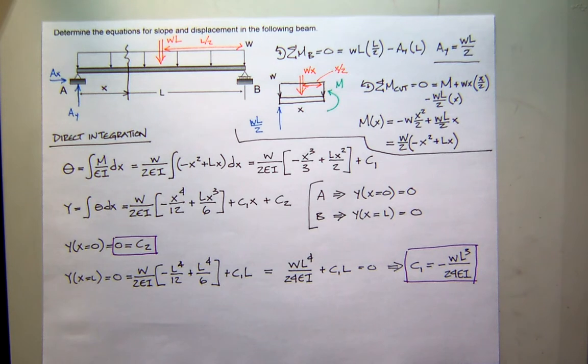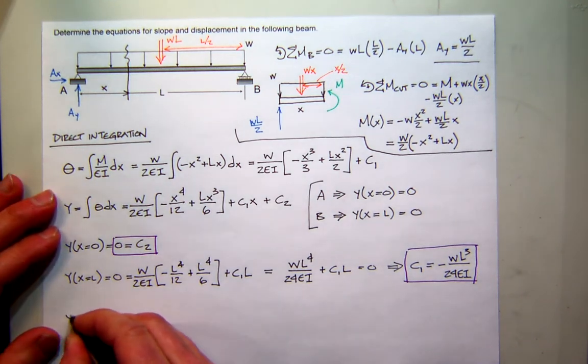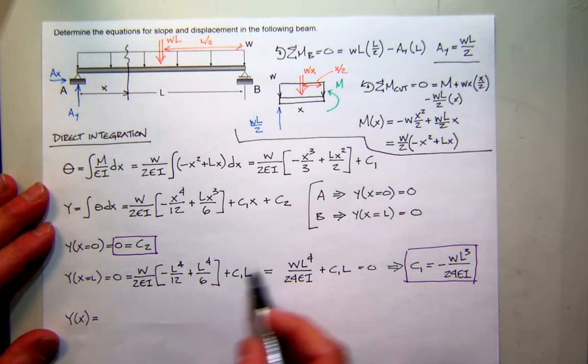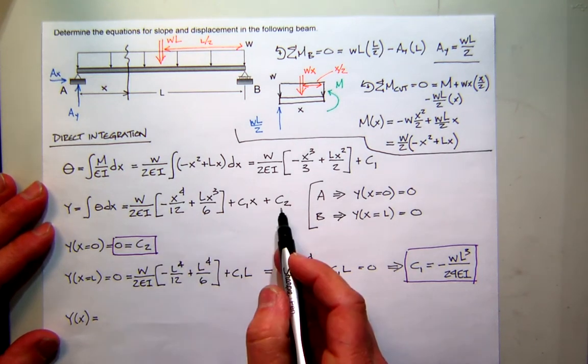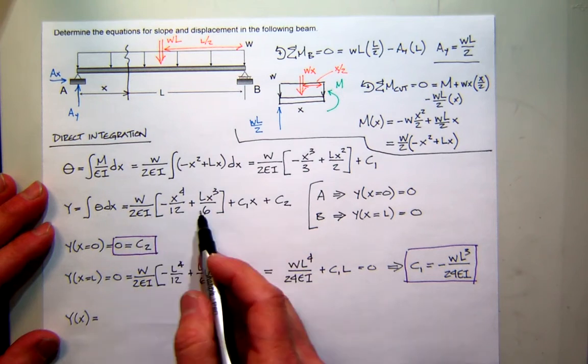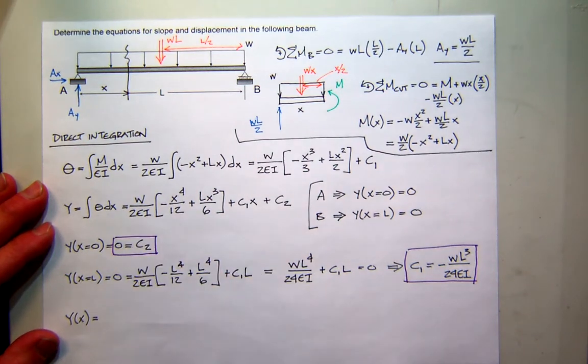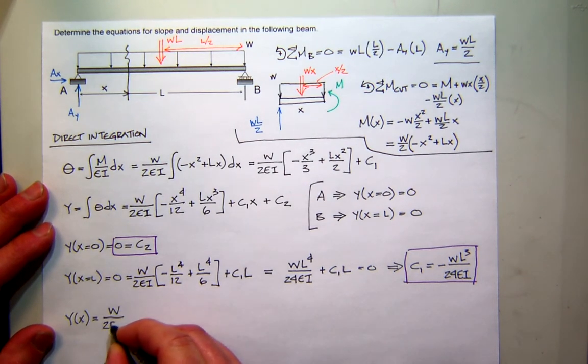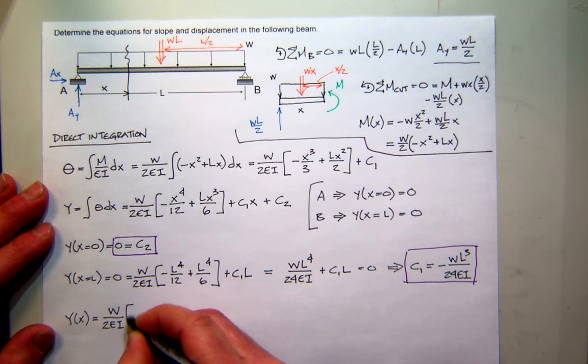So we're done. Well, kind of. So just plug everything back in. So that means the displacement as a function of x. Here's our equation. Right here. We know C2 is 0, so I just have all this. So I'm going to keep my W over 2EI term.